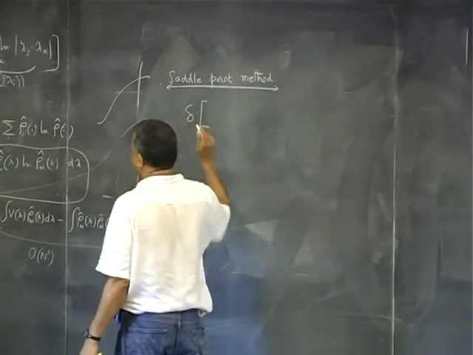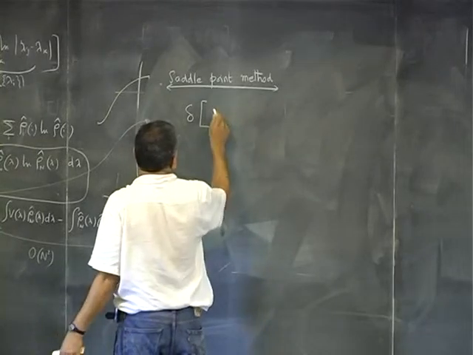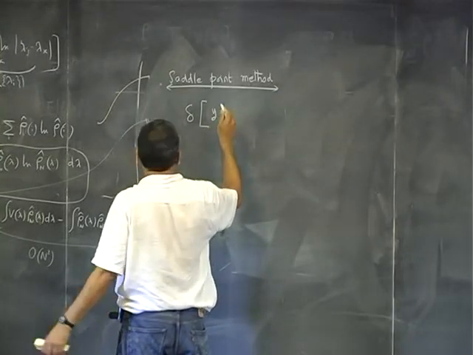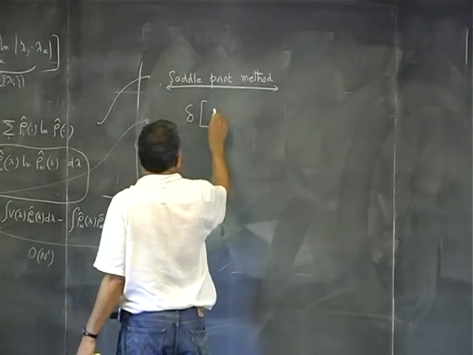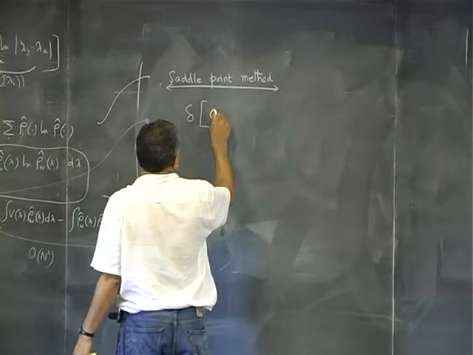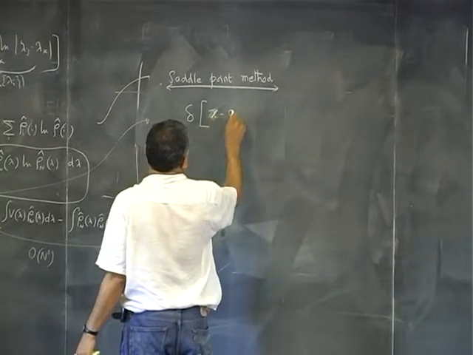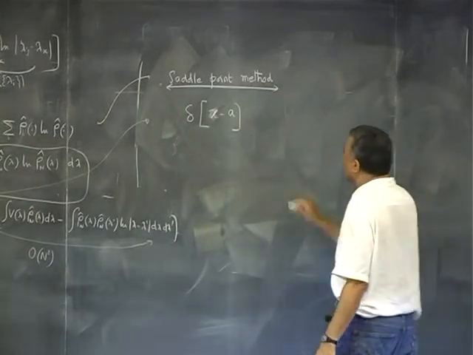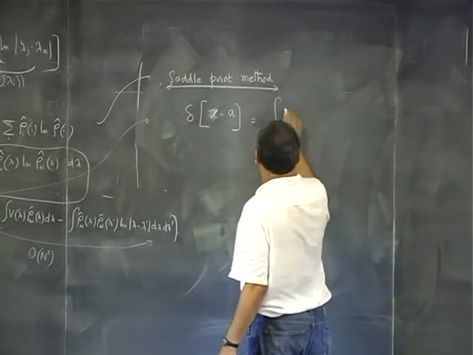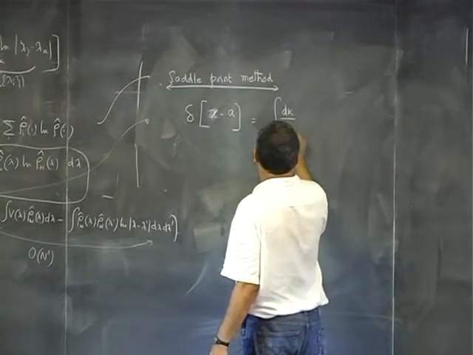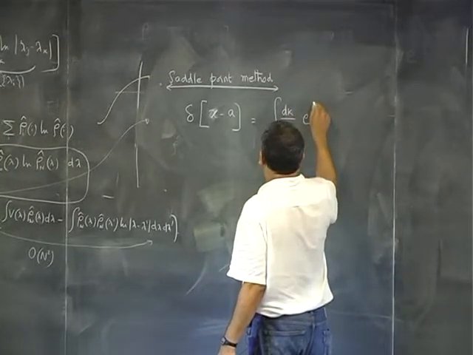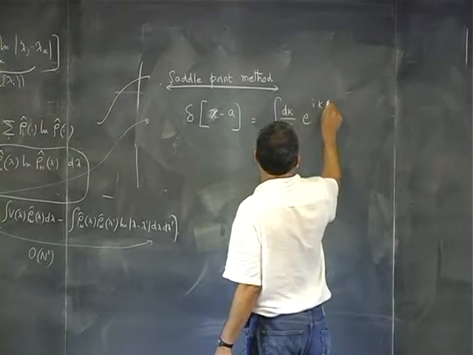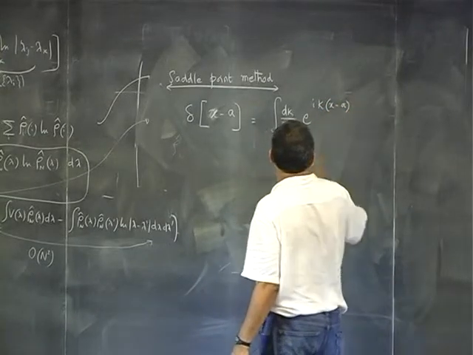So if you have any delta function, let's say delta of x minus a, there's an integral representation of this, which says that this is just dk over 2 pi exponential ik times x minus a. Okay.